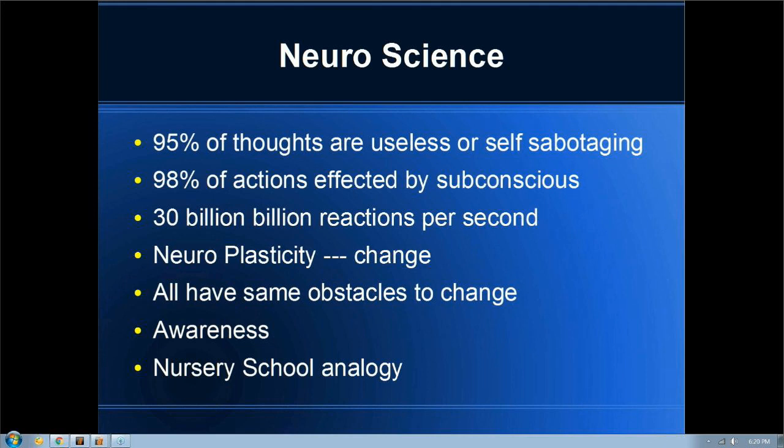The brain's very first function, and some people argue it's evolved that way or whatever, or it had to, but the brain's very first function is to protect you from harm. Before anything else happens in your brain, the first thing it does is say, how can I protect you from harm?